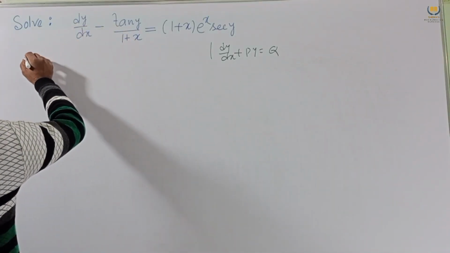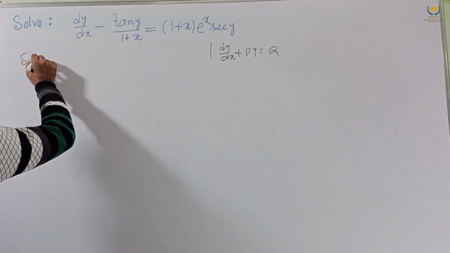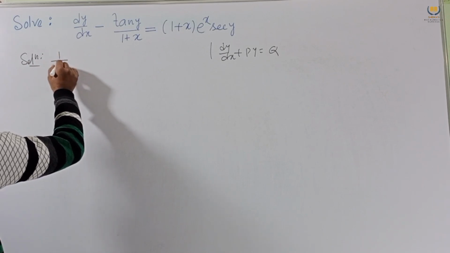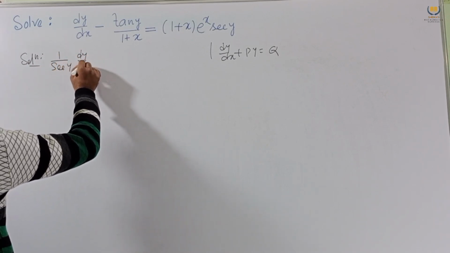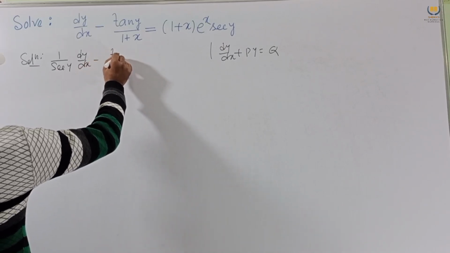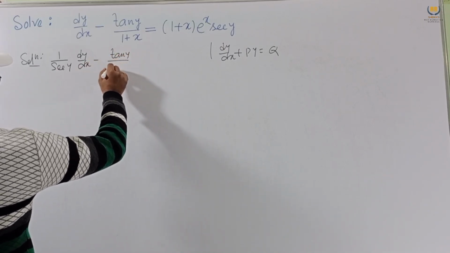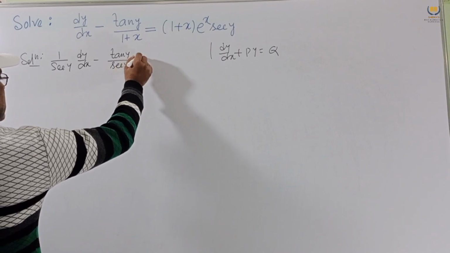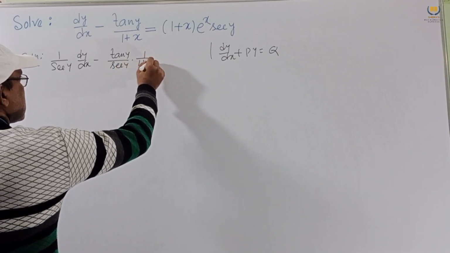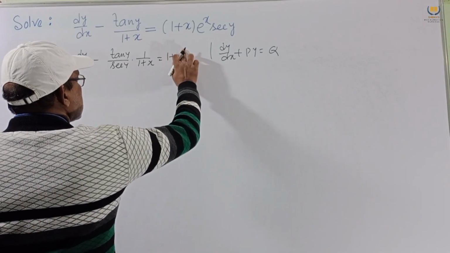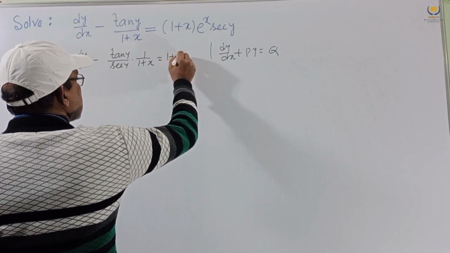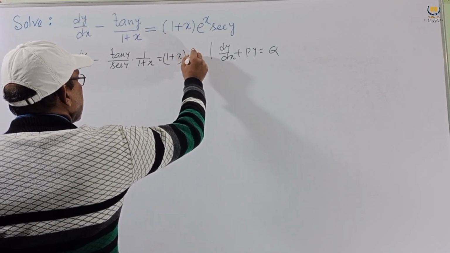So dividing both sides by sec y, we get 1 by sec y dy/dx minus tan y by sec y times 1 by (1 plus x) equals (1 plus x) e to the power x.